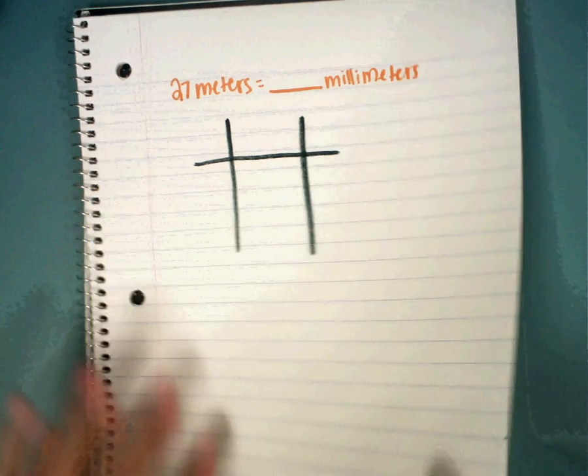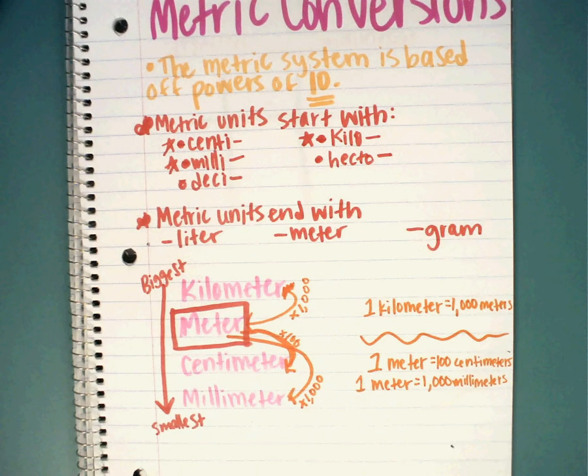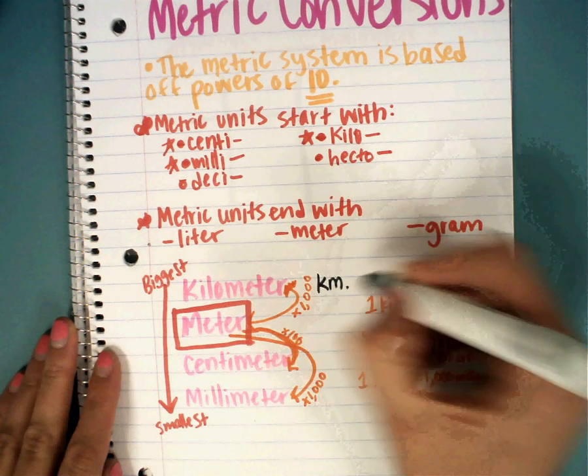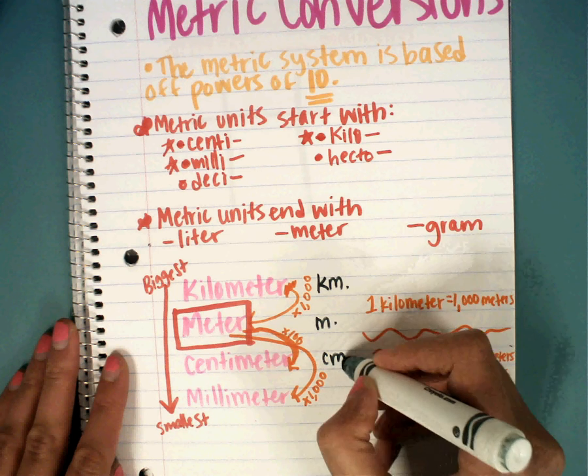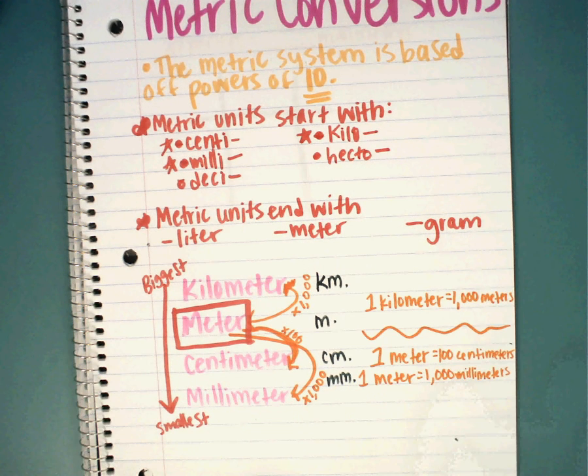Oh, I forgot something. I forgot to tell you how to abbreviate them. Okay. So, it's always going to be, kilometer would, for example, be km. Meter would just be m. Centimeter would be cm. Millimeter would be mm.